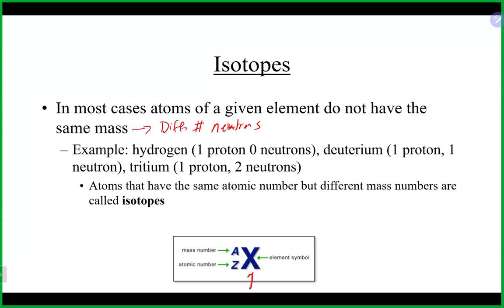We take the element symbol, and to the top left, we write the mass number, and to the bottom left, we write the atomic number. That is a very common way that we write symbols for isotopes. Top number, mass number, which once again is our number of protons plus our number of neutrons. And bottom number is our number of protons, which is our atomic number. Any questions on that there?